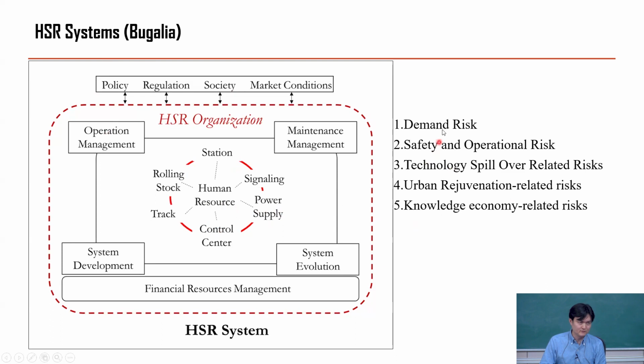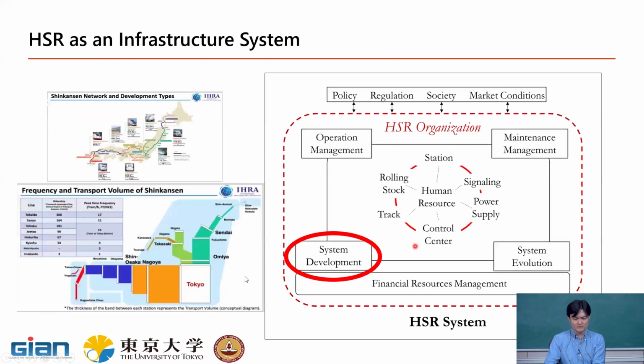This is the first question of the assignment, is that we want you to play off of these two components. So this is the HSR system that we want you to remember. The examples I gave of demand risks, safety, operational risks, technology spillovers, urban development risks, knowledge economy related risks are very specific, right?